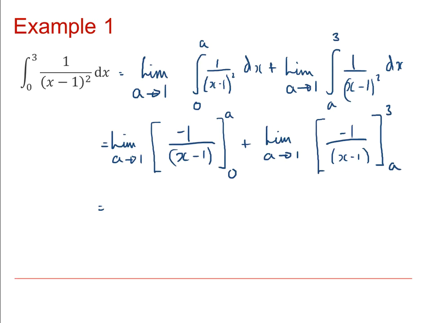So we then have the limit as a approaches 1. Putting in a into the bracket, we get negative 1 over (a minus 1). And then putting in 0 gives 1, so we get minus 1. Second one, the limit as a approaches 1.